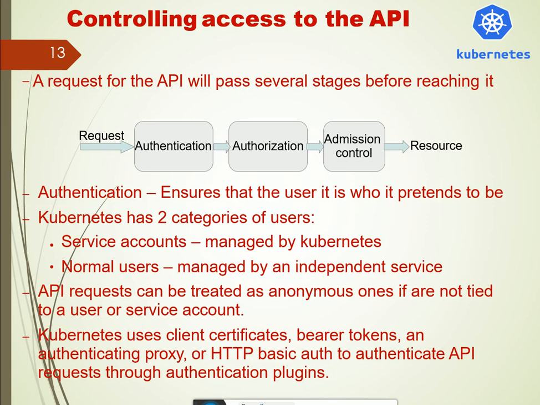API requests can be treated as anonymous ones if they are not tied to a user or a service account. Kubernetes uses client certificates, bearer tokens, authenticating proxy, or HTTP basic to authenticate API requests through authentication plugins.